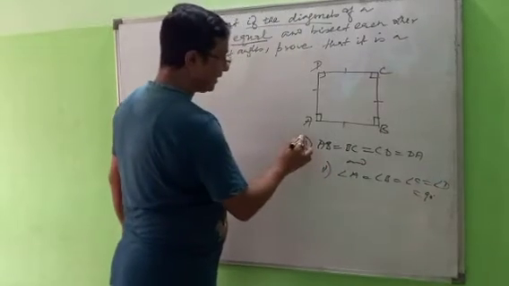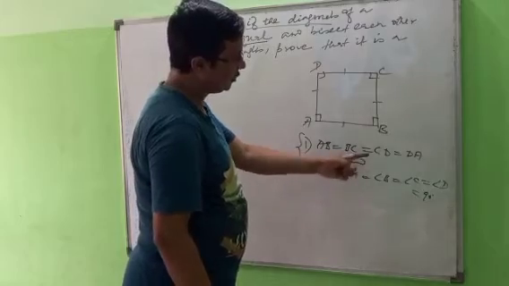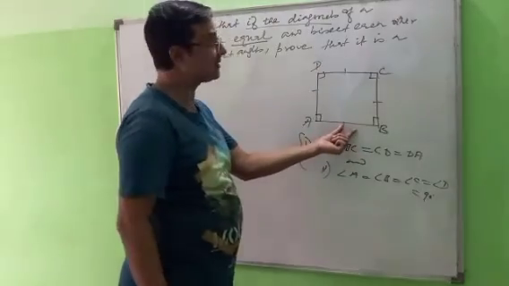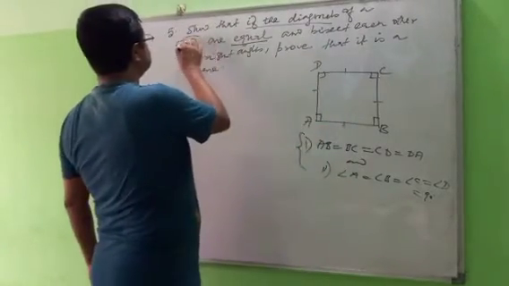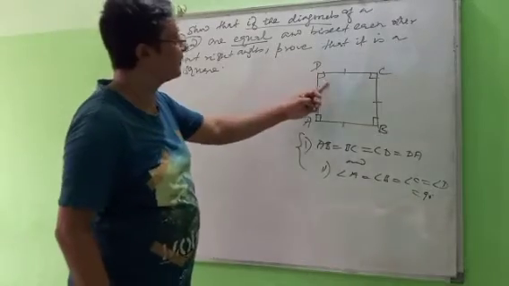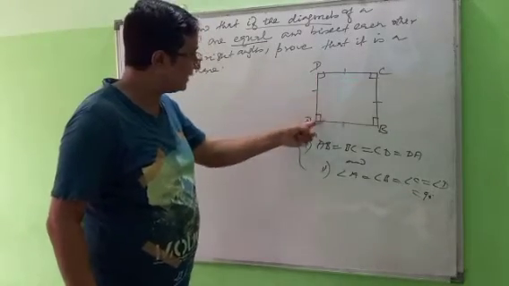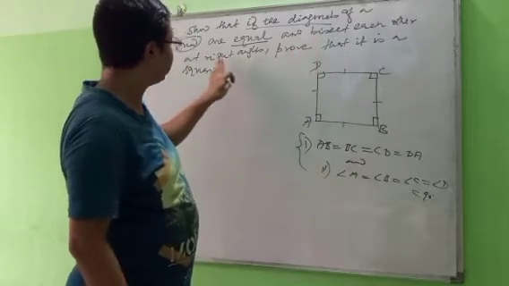So by fulfilling these two conditions, you will get that the given quadrilateral has become a square. So now here they have given that the given figure is a quadrilateral where the diagonals are equal, that means AC equals BD, and the two diagonals bisect at right angles.